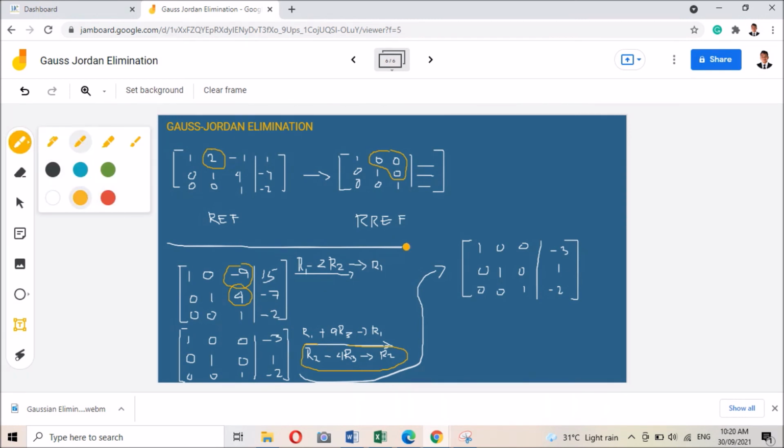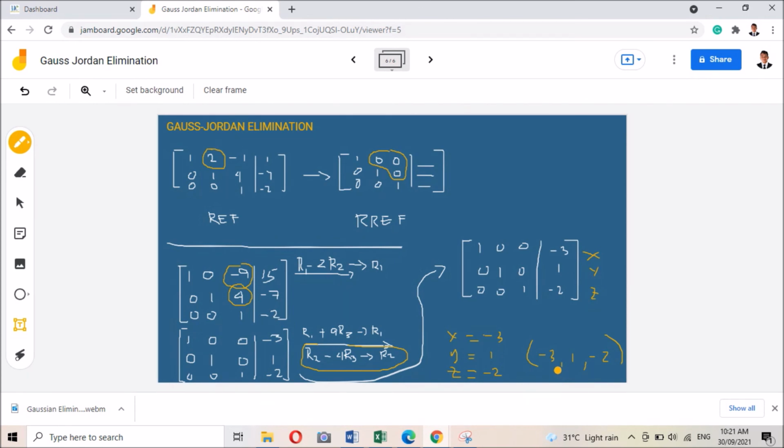So it follows that x is equal to negative 3, y is equal to positive 1, and z is equal to negative 2. So the ordered triple we can write is negative 3, positive 1, and negative 2, which is also the same answer as in our solution earlier using Gaussian elimination.